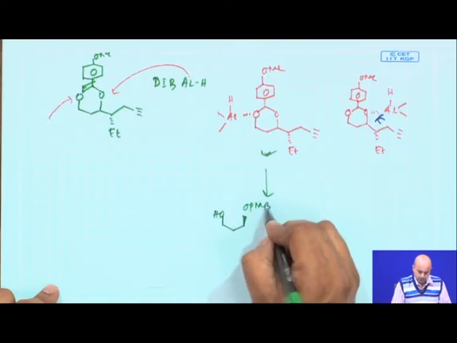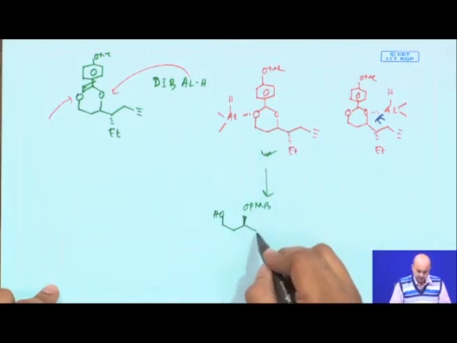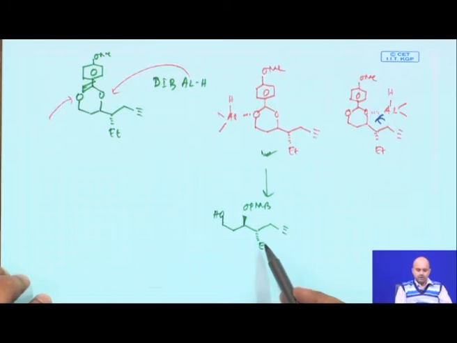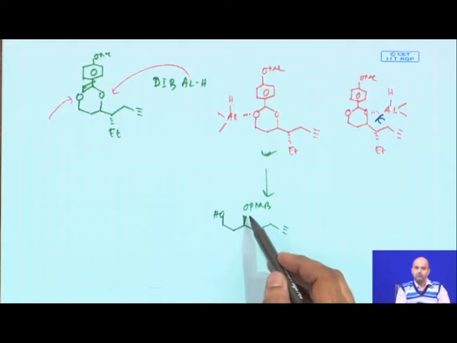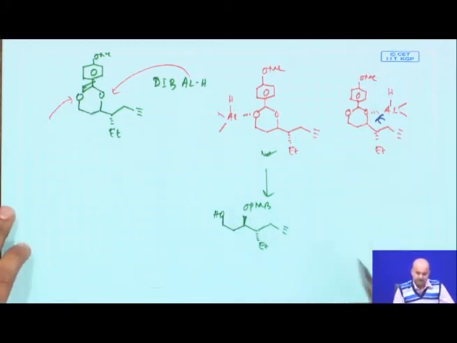This part will be your OPMB, PMB is paramethoxybenzyl, and then your ethyl is here. So, this is the initial molecule which you can get after this acetal cleavage. You will not get this side, you will get this side because this acetal is not symmetrically substituted, it is unsymmetrical.